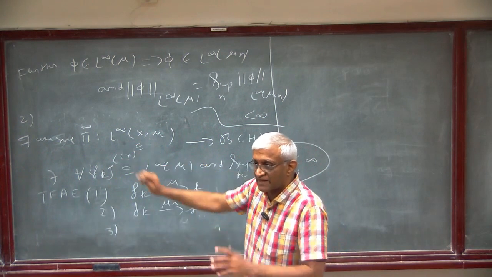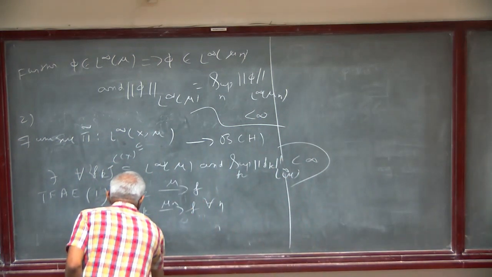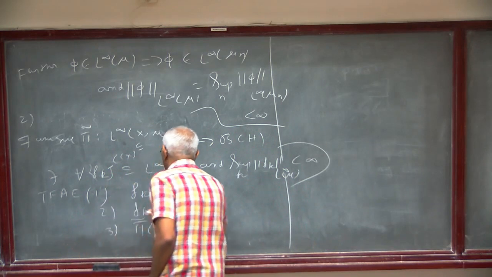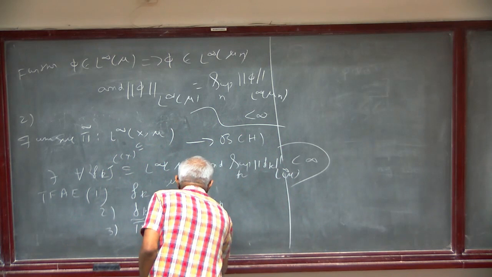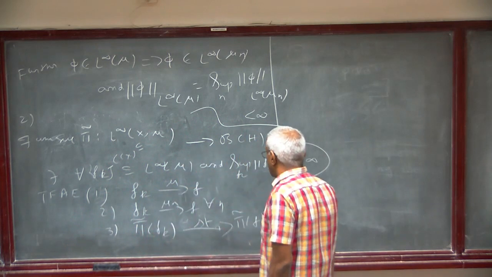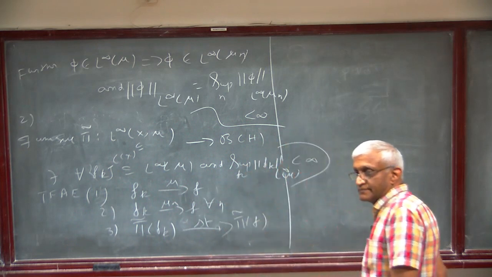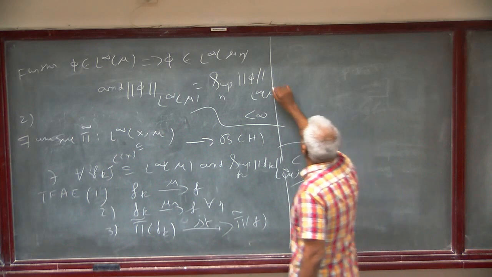I mean, that's part of what we have to show. And pi delta, okay, converges strongly to pi delta. This is strong convergence. That's all. Okay, proof.